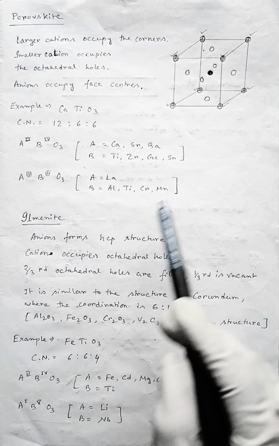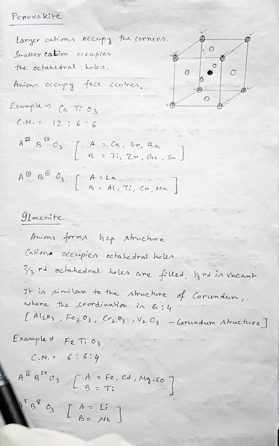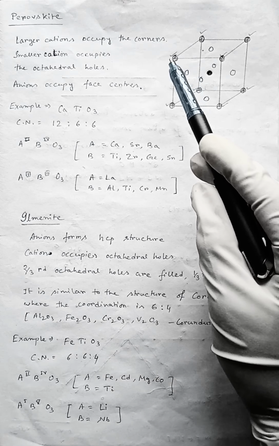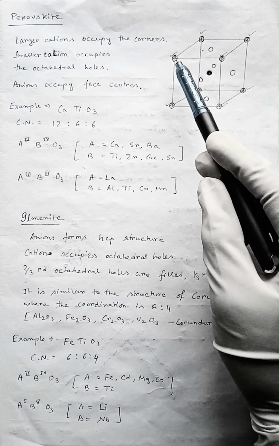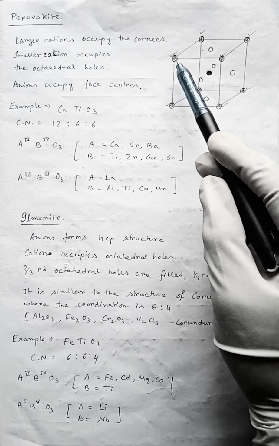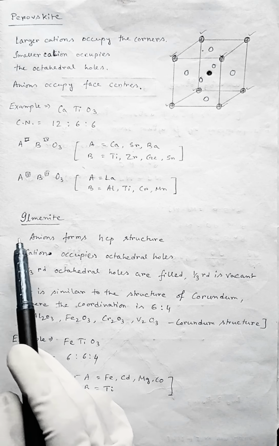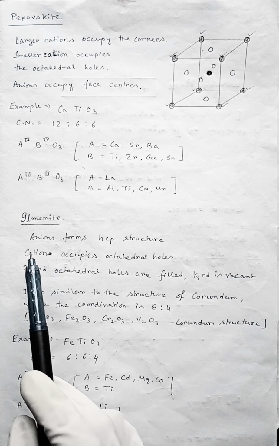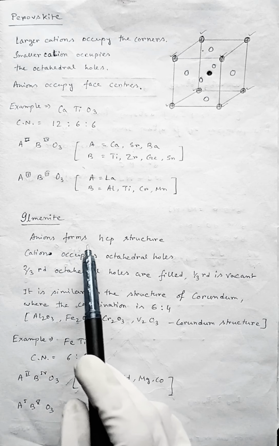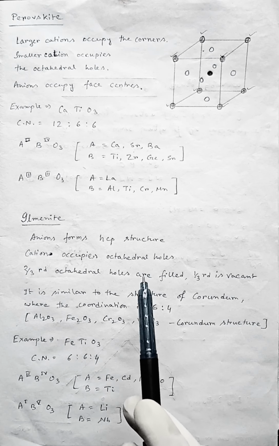So this was all about perovskite structure. Just try to remember the difference of these larger and smaller cations and their difference of positions. Now come to ilmenite. In case of ilmenite, anions form HCP structure.